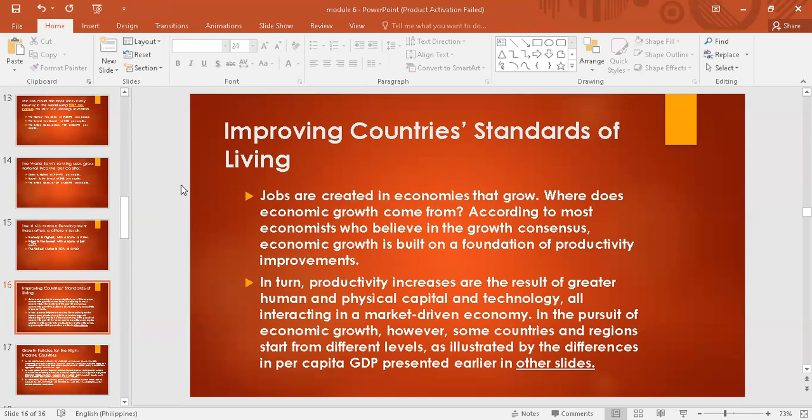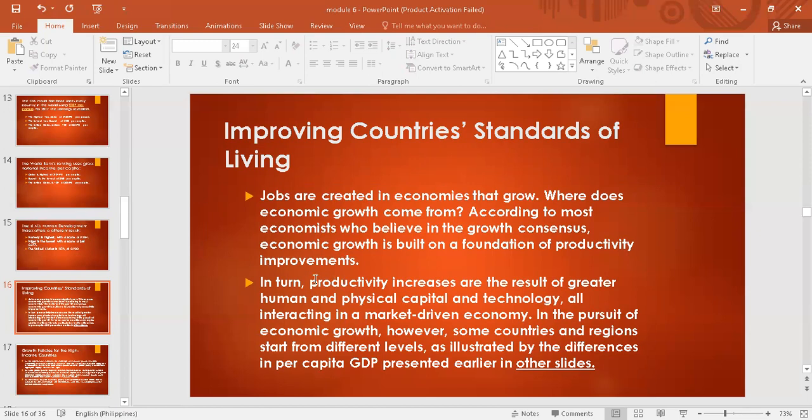Kung mas maraming taong walang jobs, mas mababa yung maproproduce ng mga businesses. And sabi natin, di ba, ang GDP natin ay base sa output.